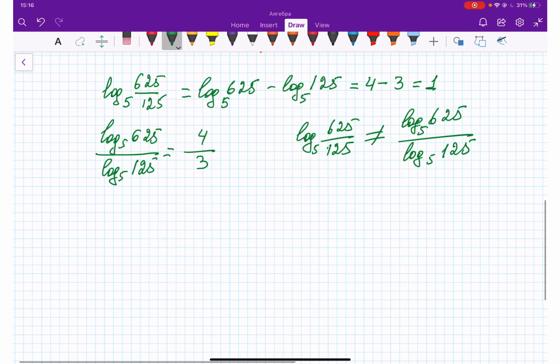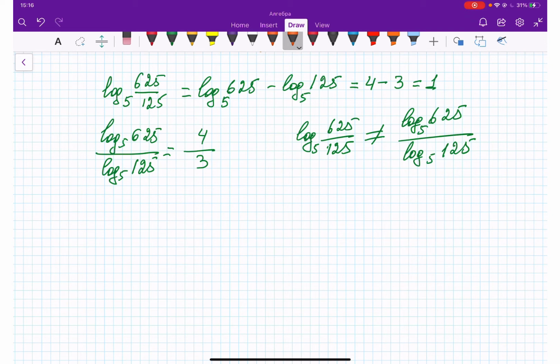Another example, let's say log 81 over 9 by base 3. This is equal to log 81 by base 3 minus log 9 by base 3. This is equal to 4 minus 2 equals 2. Okay, now let's do the other way.